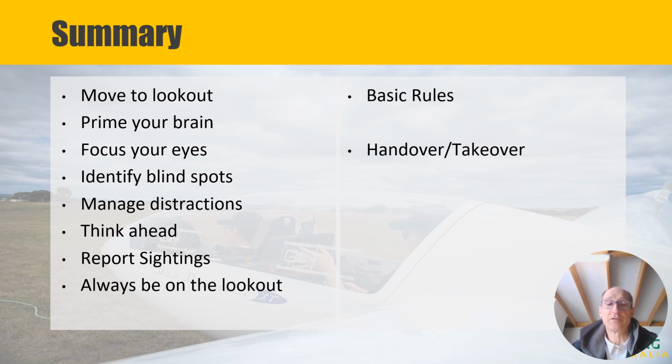Make sure you manage your distractions, especially by looking outside of the aircraft. Think ahead about where you're going to be and plan your movements so that you'll be where you want to be. If you see something, use the clock code to tell other aircraft or your instructor. Always be on the lookout. Remember those basic rules and remember how to do the handover and takeover.